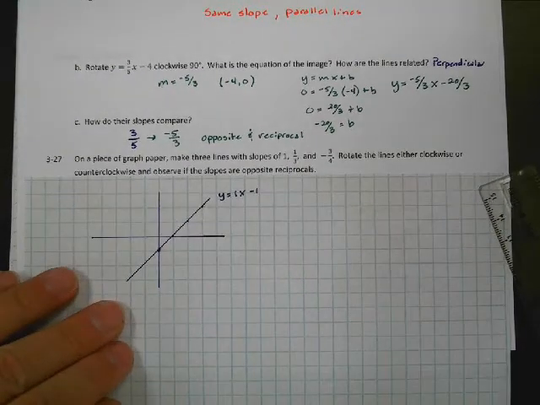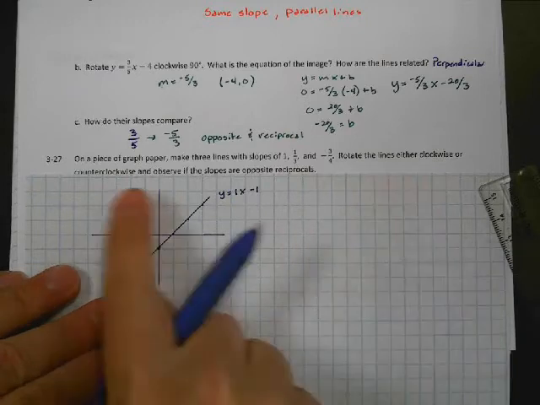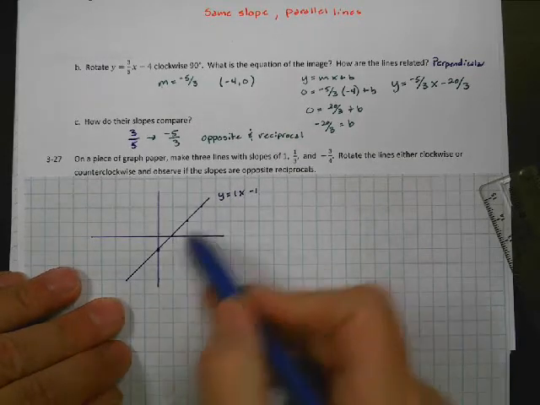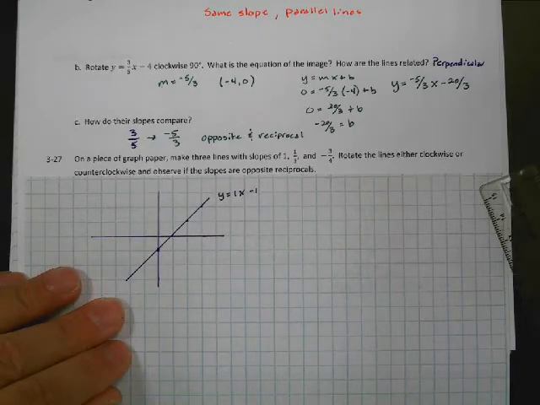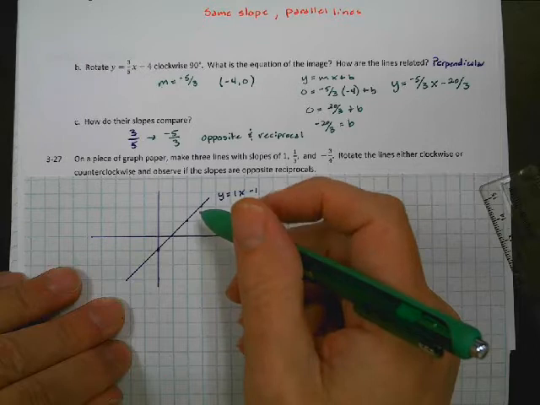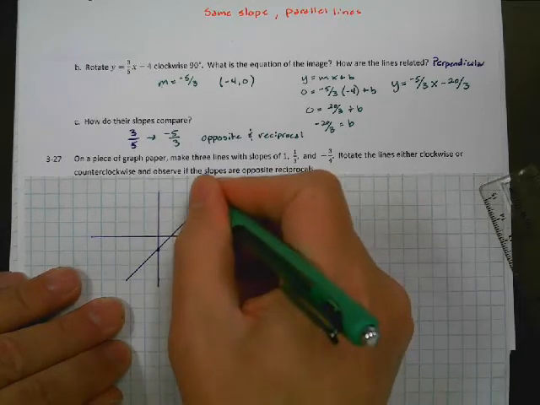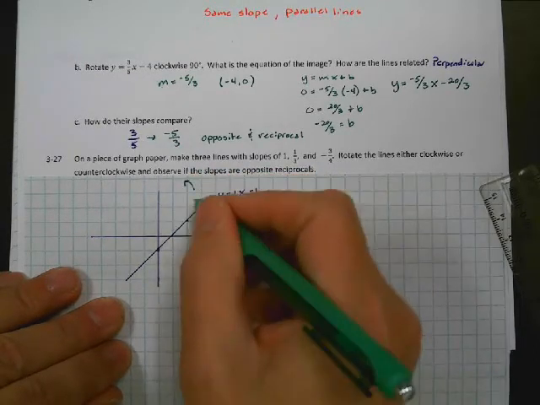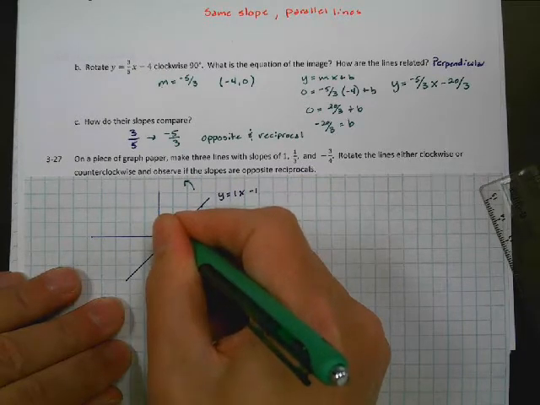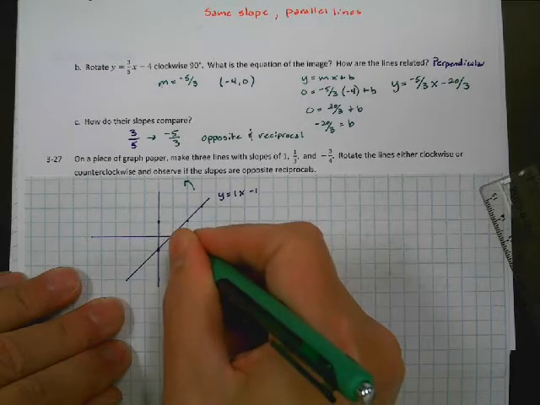Okay, and then they say rotate them either clockwise or counterclockwise and observe what happens to the slopes. So we already know that this slope is 1. Let's take this one and let's do, we'll do counterclockwise. So go this way 90 degrees. So this point would end up here, and this point would end up here.